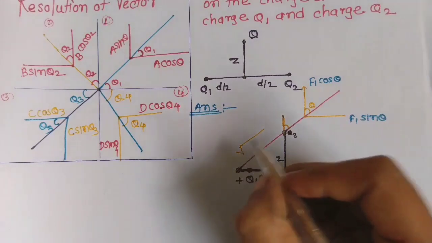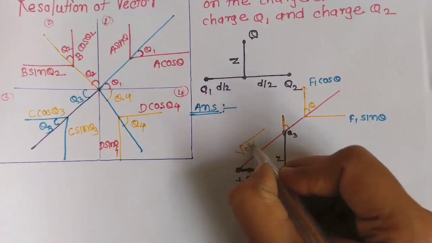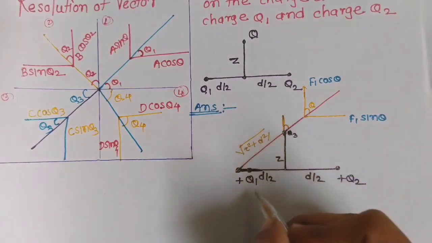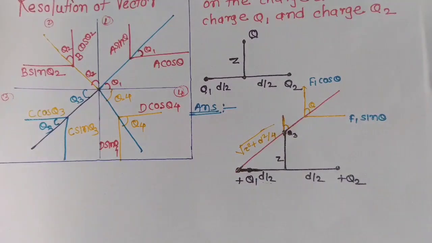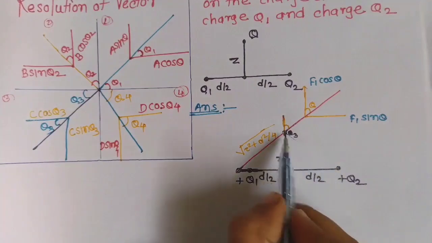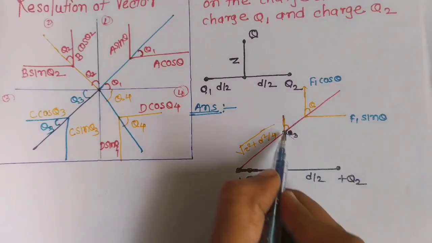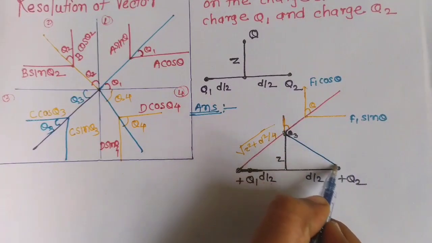By applying the Pythagoras law, this is d by 2 and this is z, therefore this hypotenuse is under root z square plus d square by 4.